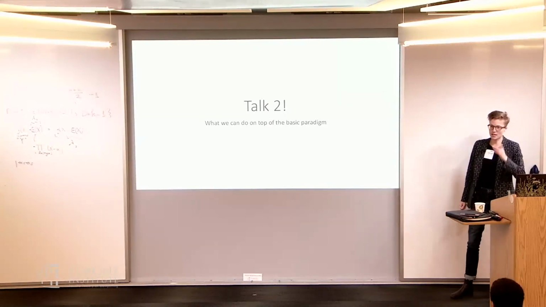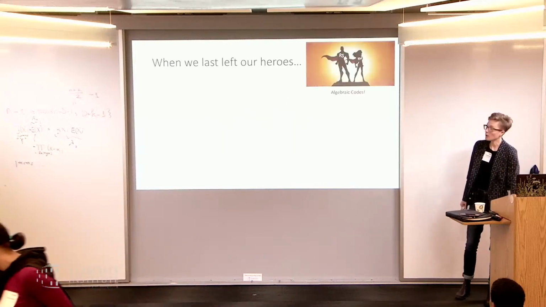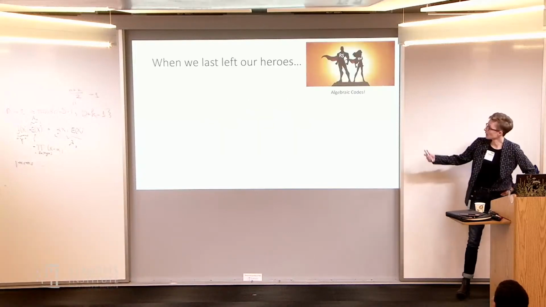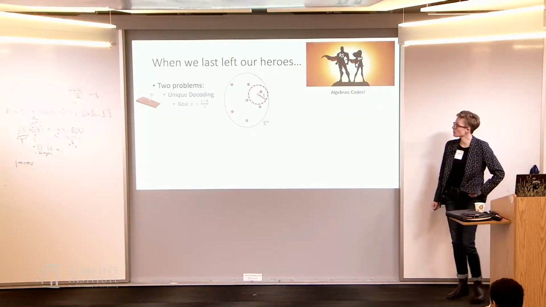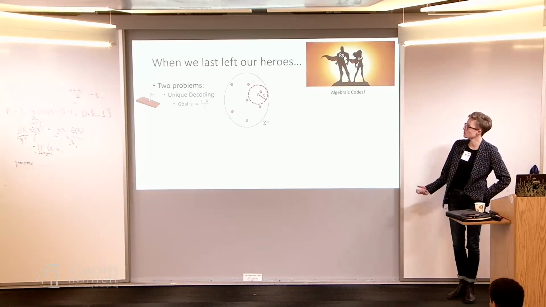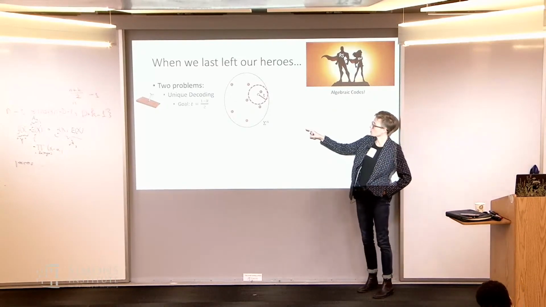So, a quick recap, because I know it's been a long 20 minutes or whatever. When we last left our heroes, algebraic codes, we saw 2 problems: the unique decoding problem and the list decoding problem. For unique decoding, our goal was to handle a number of errors less than half the distance.